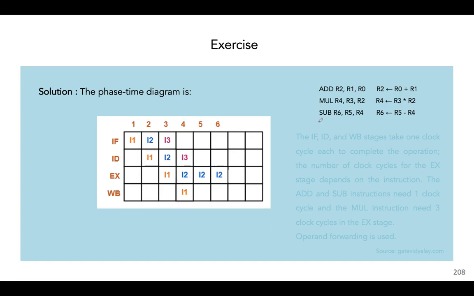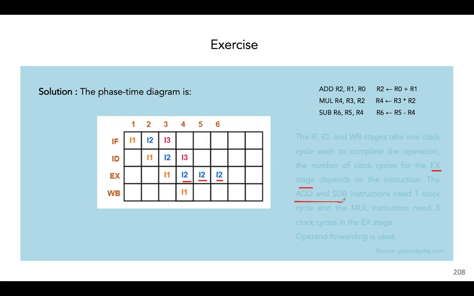All right, so in the next clock pulse 5, you see instruction 2 is still being executed, and in 6 also instruction 2 is being executed. Now why have we done this? Why have we taken 3 clock cycles to perform execution of instruction 2? It's given in the question. See, it was written in the question that the execute stage depends on the instruction being executed.